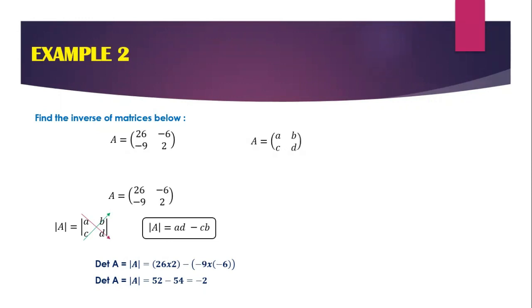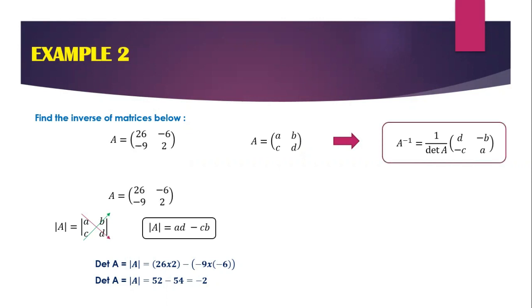The inverse of matrix, let A, B, C, D. So the inverse of matrix A is 1 over determinant of A, open matrix, D, minus B, minus C, A, close matrix.